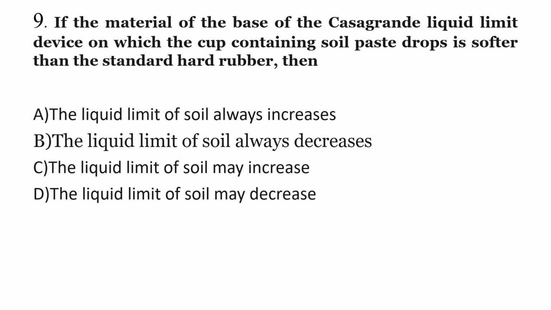Then only the soil mass will become more pasty, the consistency will be more, and the soil mass will become more loose, and it will come closer by 25 blows, to and fro motions of the cup. So your answer is the liquid limit of the soil always increases. That is option A.